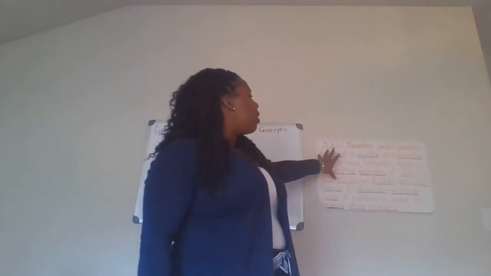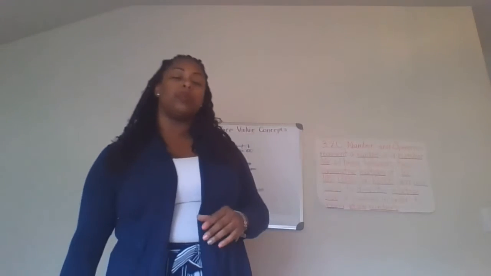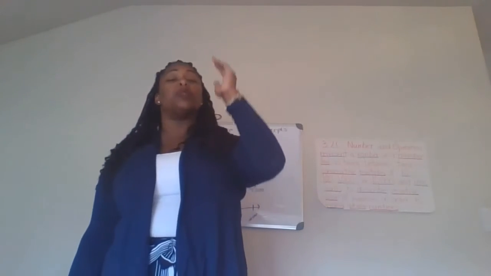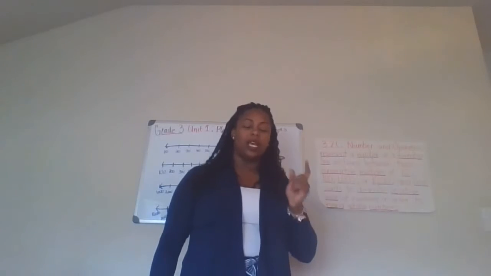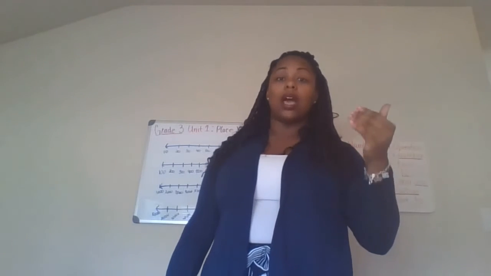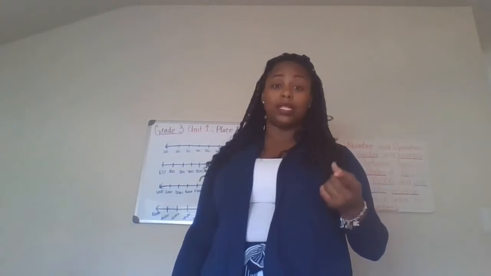Okay? Now, going back to representing on a number line, the students have to be able to represent numbers being between two consecutive multiples of 10, 100, 1,000, or 10,000. Again, the students have not been introduced to multiplication as a concept. However, they do know how to skip count by 10.